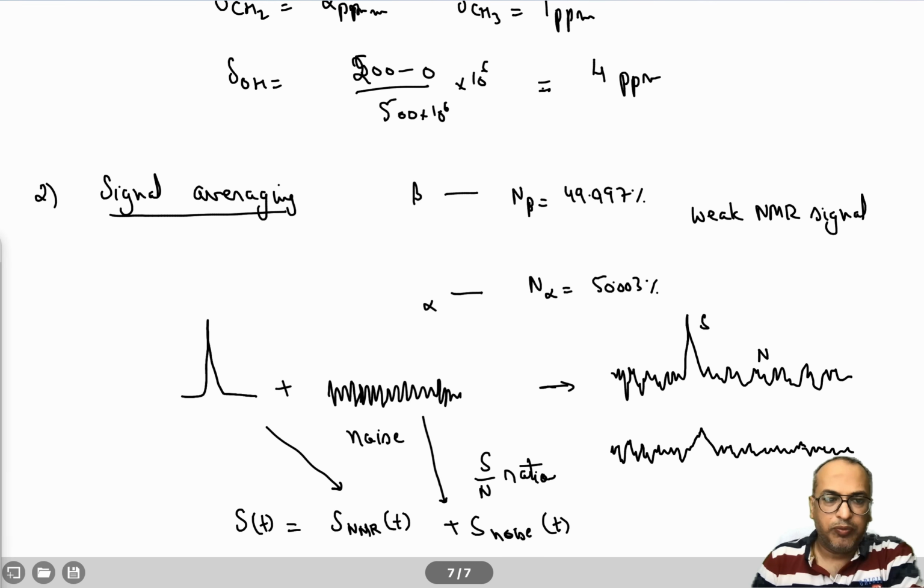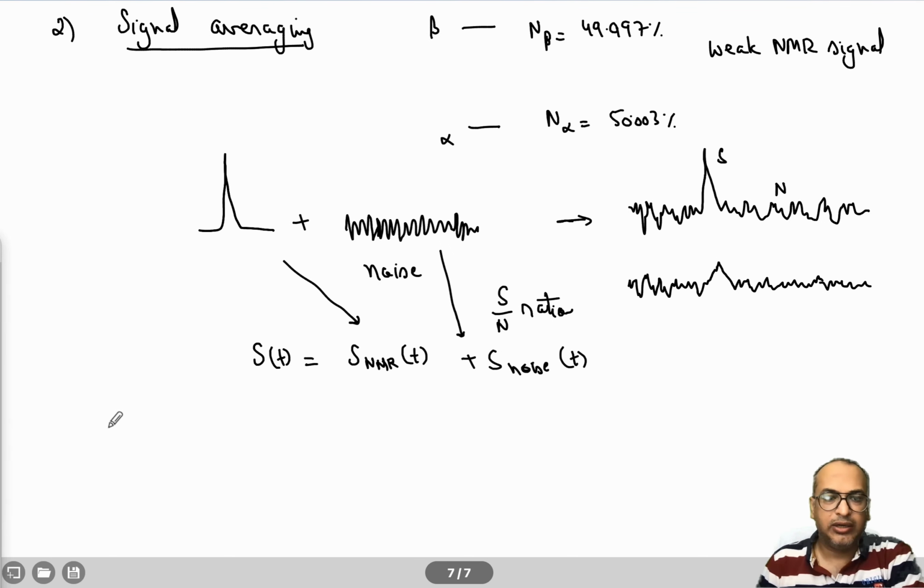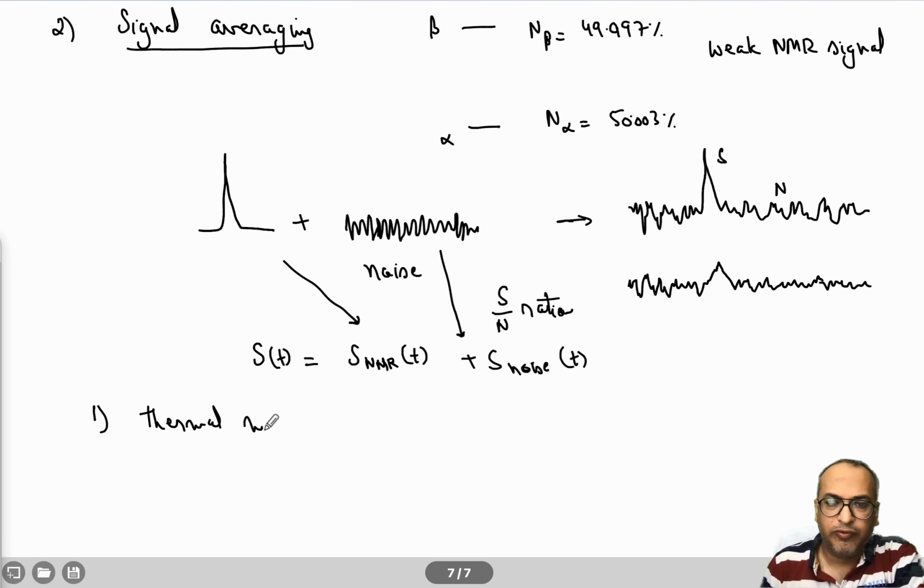Now, what is the source of that noise? There are two major sources. One is the thermal motion of different ions which are moving around, and that will create this kind of noise.